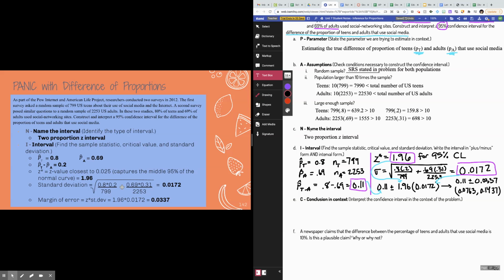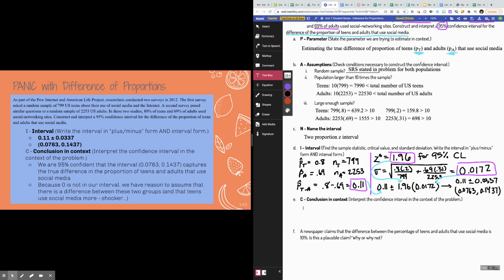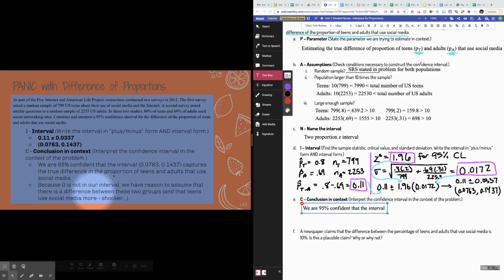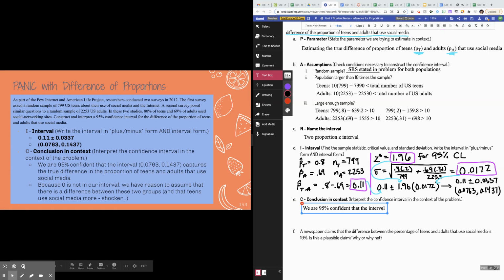All right, then my very last part here is my conclusion and context, which is where you go back to your script, go back to your word formula, okay, which is we are, insert confidence level here, so 95% confident that the interval, you can either write it the way I did here and just write the interval in parentheses, okay, that works, or you could say the interval from and then type your lower and upper bound.